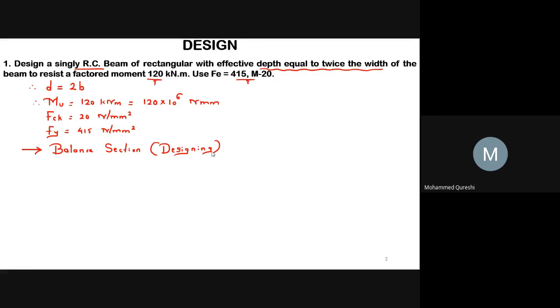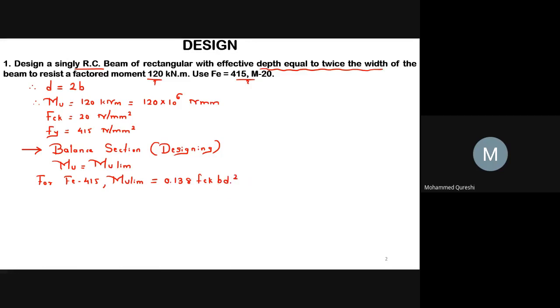Hence, for balanced section, Mu is equal to limiting moment of resistance, that is Mu limit. Hence, for Fe415, value of Mu limit will be equal to 0.138 FCK BD square.